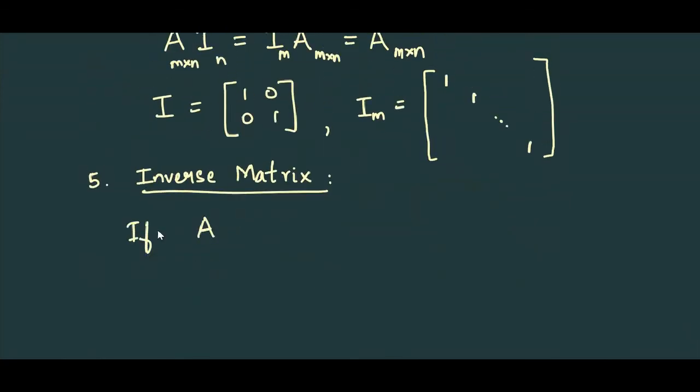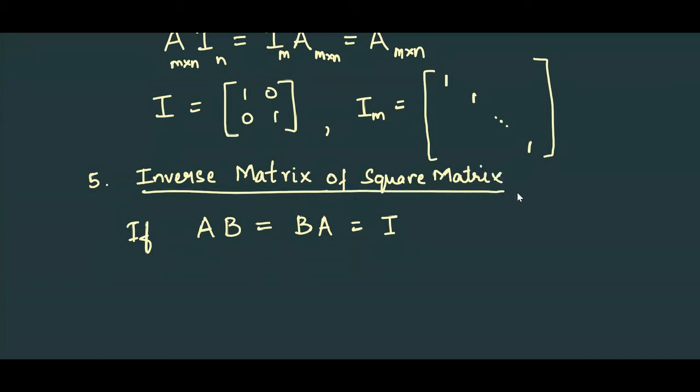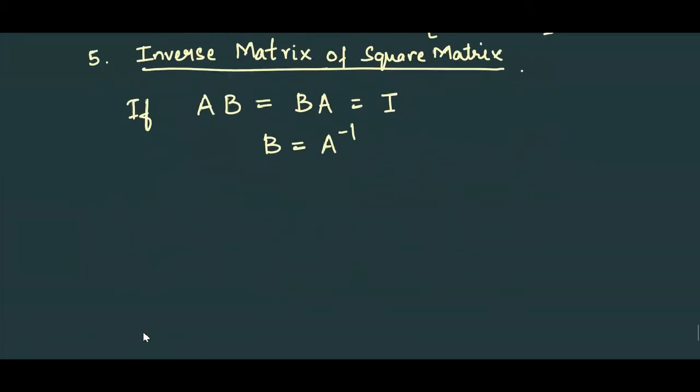If there exists B such that AB is equal to BA is equal to I, for a square matrix, then B is called the inverse of A. For that, there are certain rules to follow: singularity condition, non-singularity condition, I'm sorry. So we'll discuss all that.